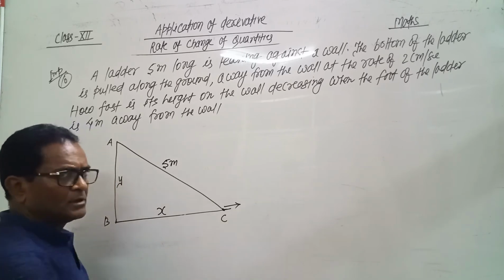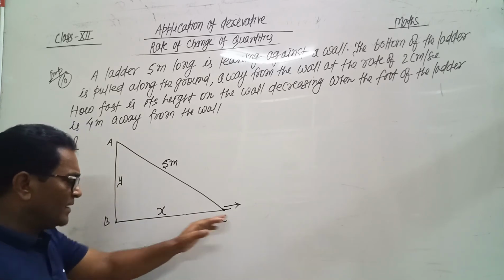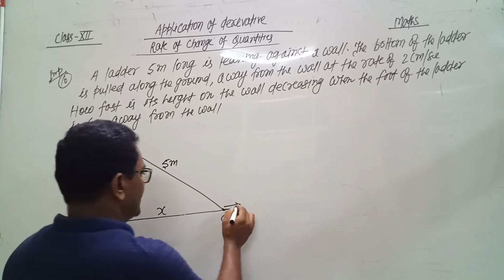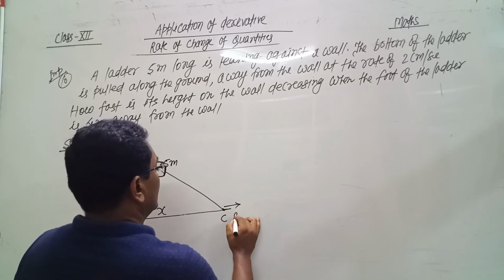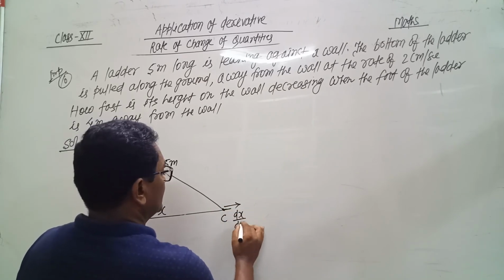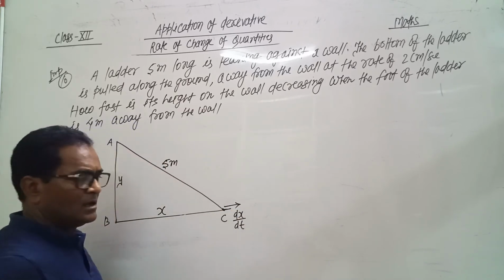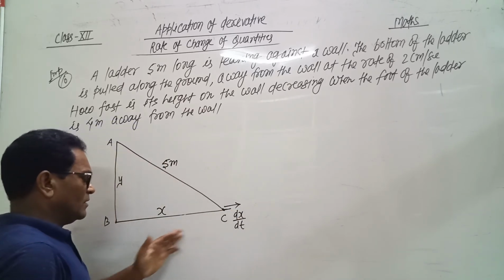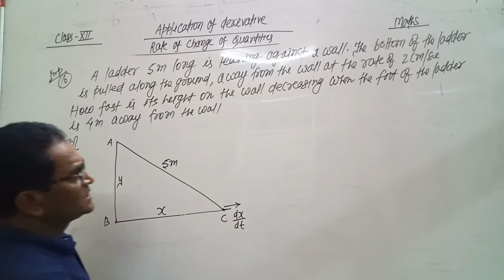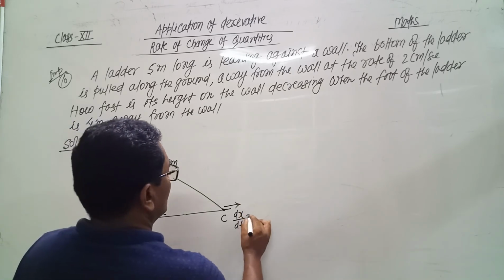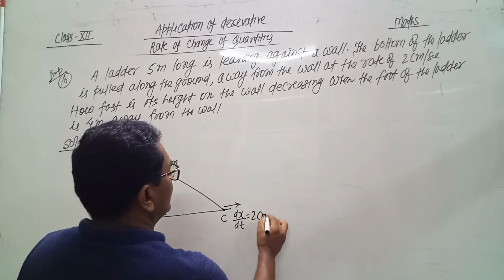It is pulled along the ground away from the wall, which means we are given dx by dt. Pulled along the ground means there is a change in x, and dx by dt is given as 2 centimeter per second.